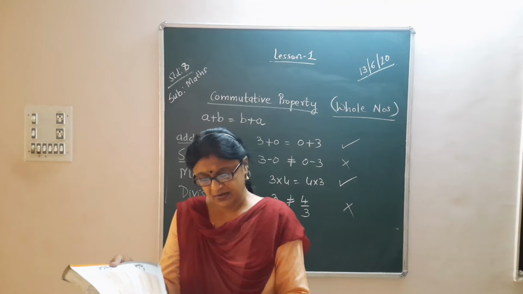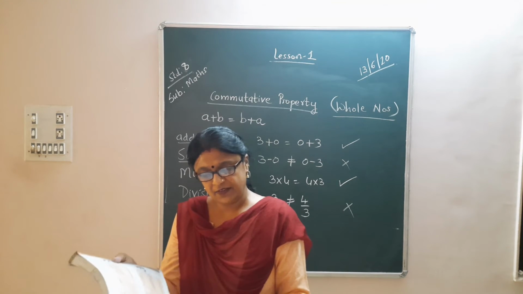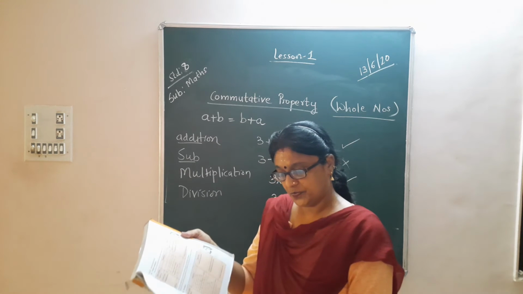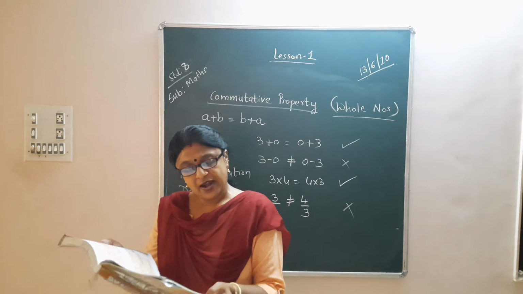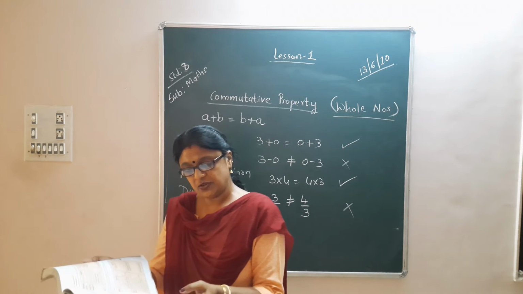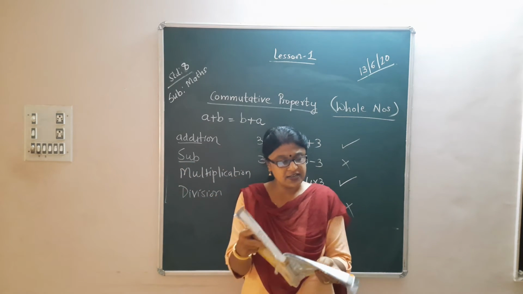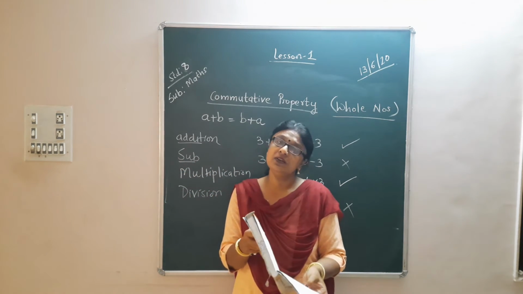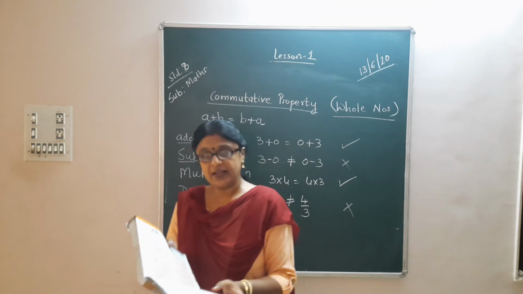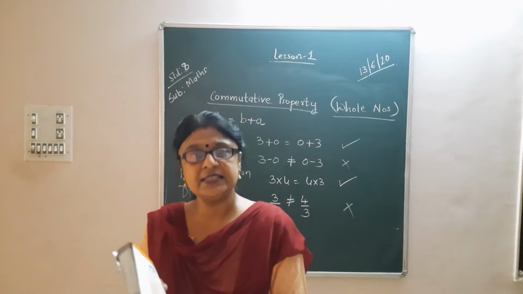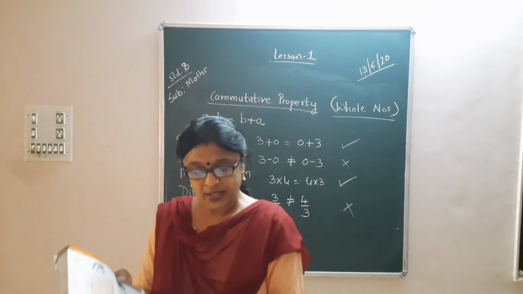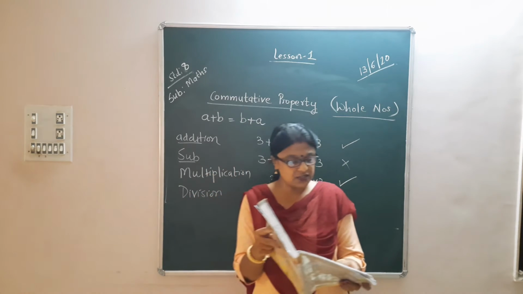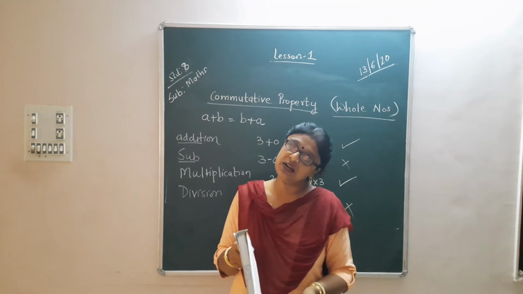You can see here on page number 5 the table which is given. Okay, so rational numbers. In rational numbers you can see addition it is written yes. For subtraction you have to write no. Then for multiplication yes, and for division no. Similarly goes with integers, whole numbers and natural numbers.